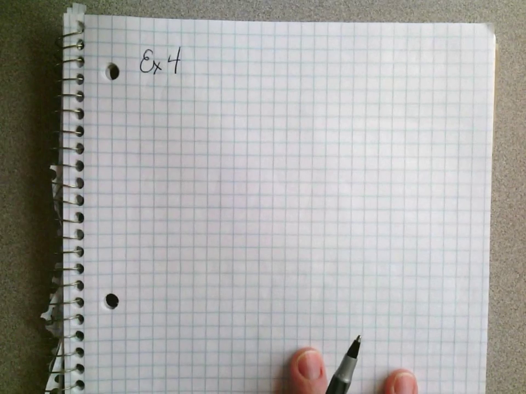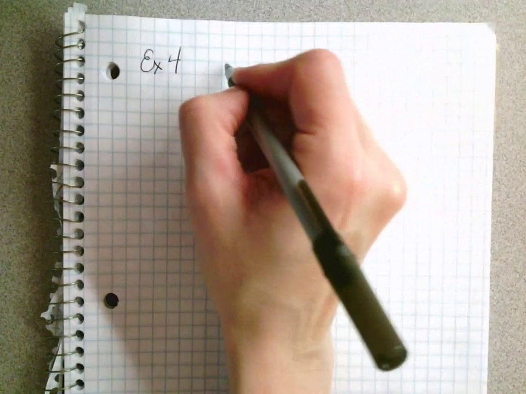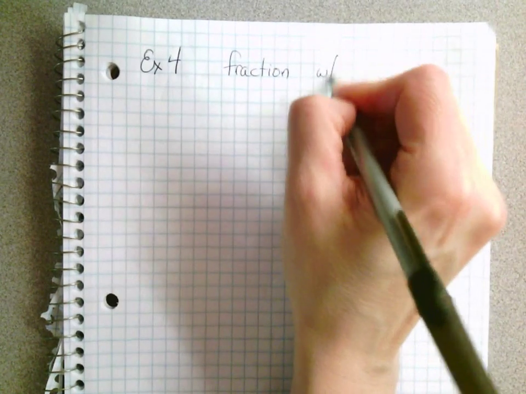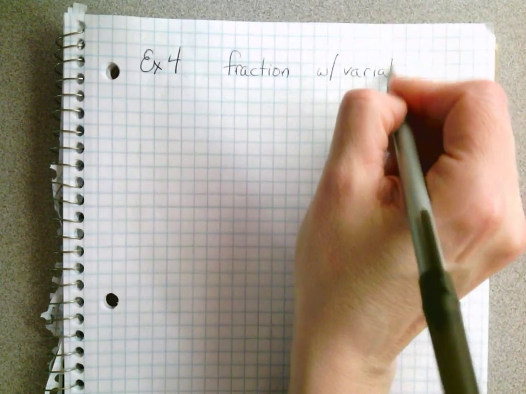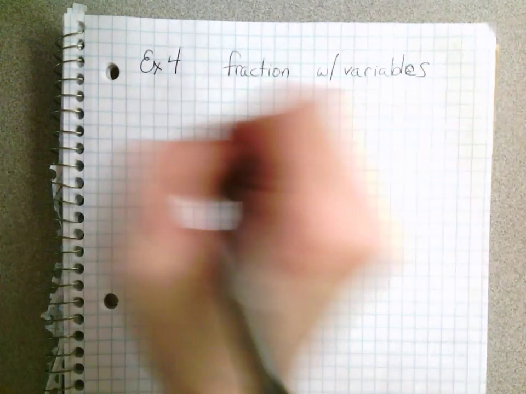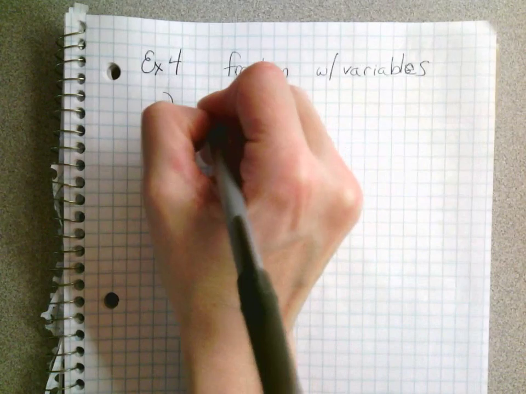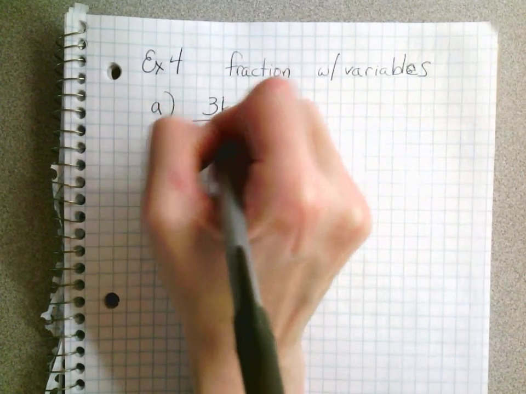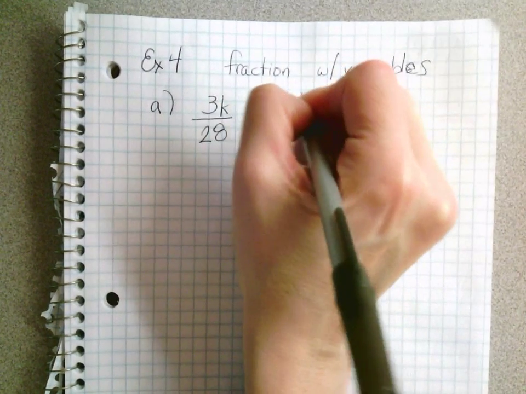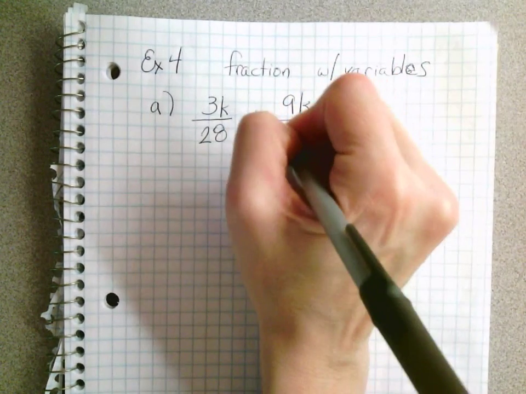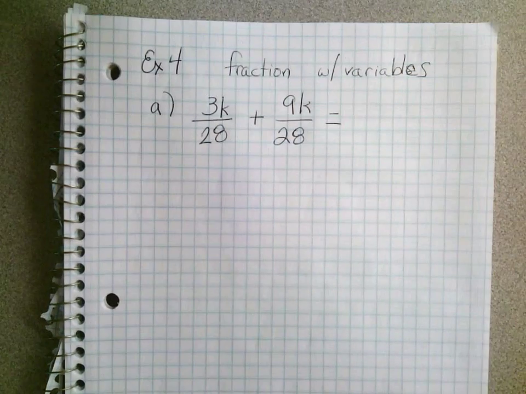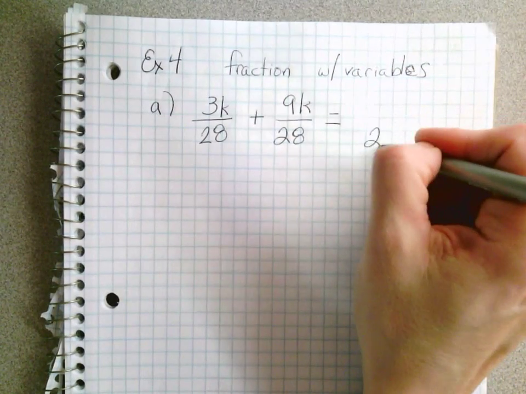Okay, example 4. What if it's a fraction that has a variable in it? Doesn't change anything. Here's the first one I want to do. 3k's over 28 added to 9k's over 28 is how many k's over 28?